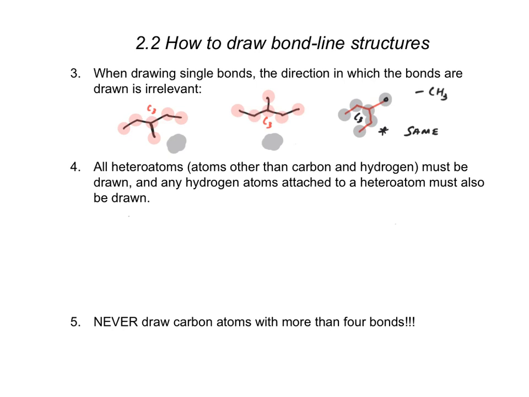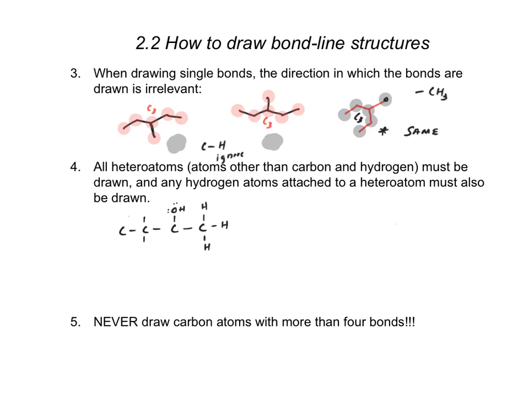And then anytime we have heteroatoms that have hydrogen attached, we also have to draw the hydrogen, right? So we do ignore hydrogens that come off of carbon. So carbon-hydrogen bonds we will ignore in our bond line structures. But let's say that we had something, or let's start with the Lewis structure. So something like this, where we have, let's say an alcohol group. We don't know what alcohol groups are, but we'll go over that in a second.